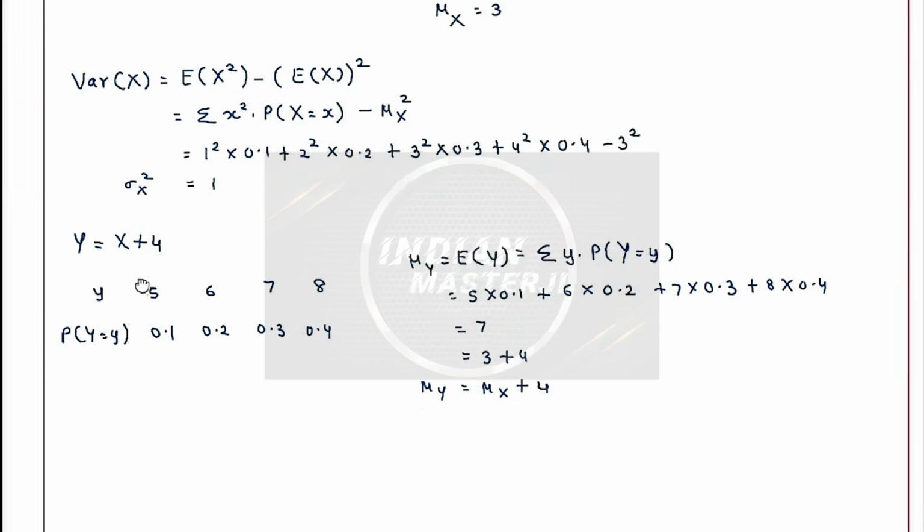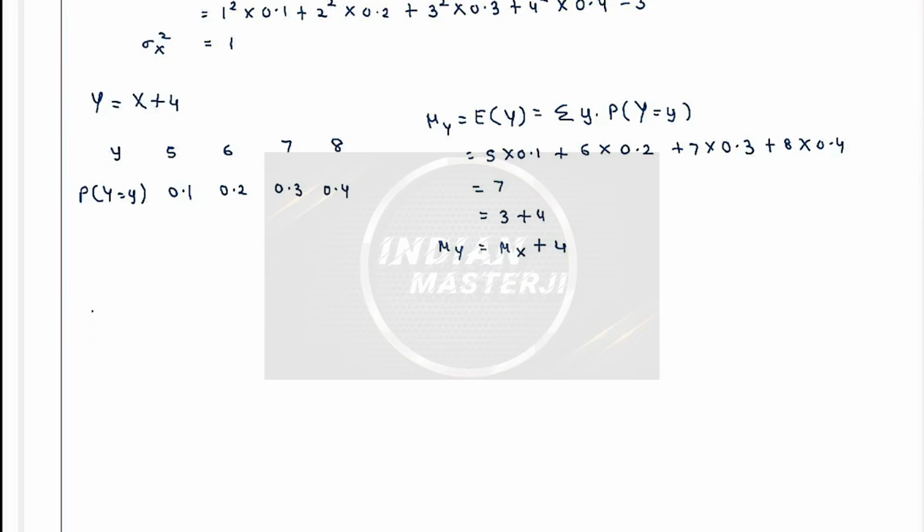Similarly, if I have to find out variance of y, I'll write it as sigma square with the suffix y. This will be equal to the summation of y square into probability of y taking the value small y, minus the square of the mean of y, correct?